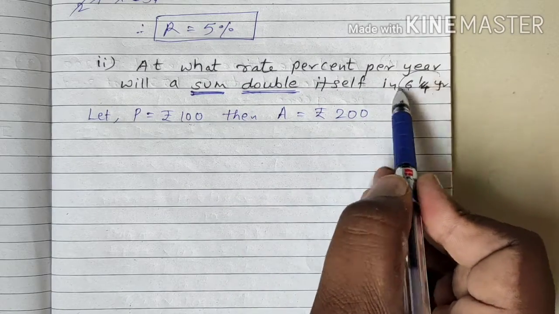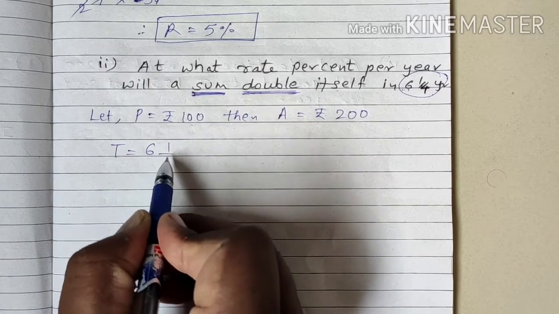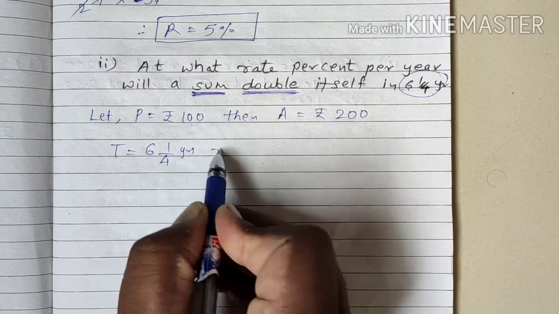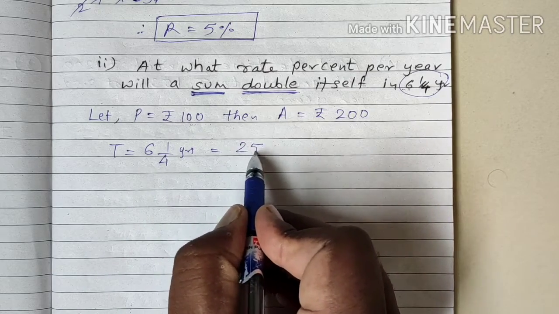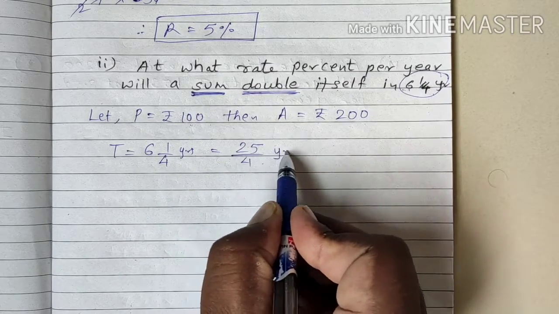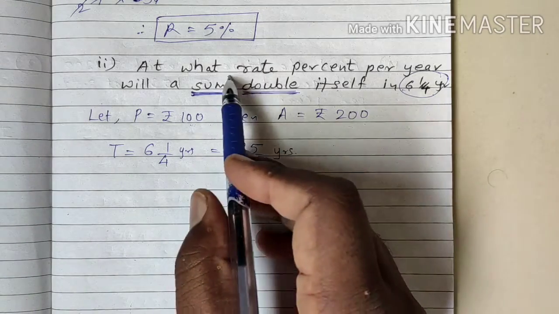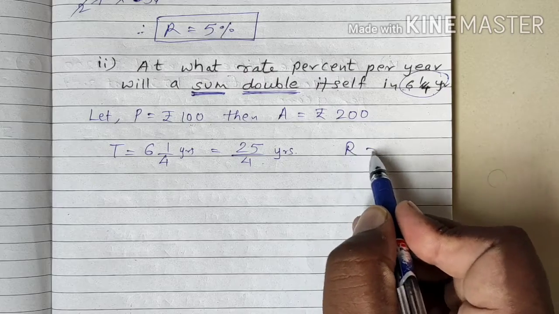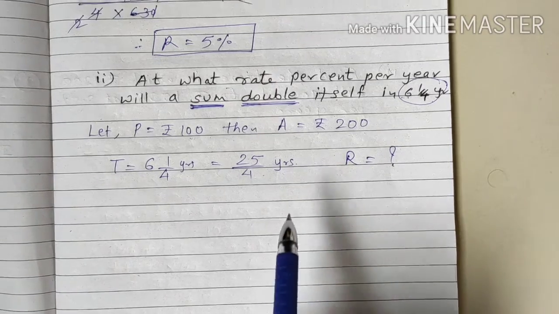And now, after getting this, timing. What is the timing given to us? 6 and 1/4 years, which can be converted into 6 fours are 24 plus 1, 25/4 years. Got it? Now, what is our question? What rate percent? Means our question is to find out the rate percent. If we want to calculate the rate percent, we should apply this formula.